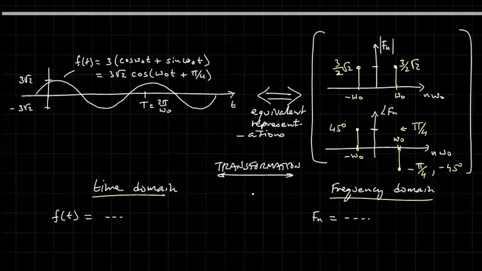We'll find that there are some uses for going from the time domain to the frequency domain, and sometimes it's easier to use the frequency domain representation of a signal to do some processing on that signal that we might want to do. So think again in terms of systems. You might have some input u(t), you might have an impulse response of a system h(t), and you can think of what is their frequency domain representation.